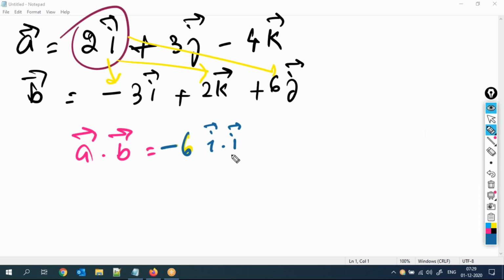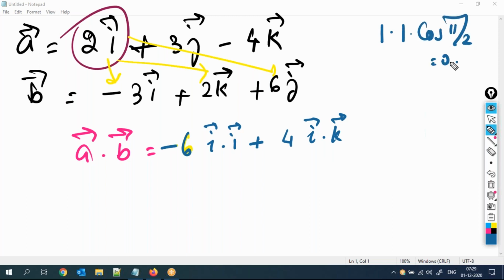Why? 1 dot 1 cos 0, right? Plus 4i times k. i times k is what? Both have value of 1, and cos pi by 2 equal to 0. So i will survive, yes or no? So it will be -6, second will be 0, third will be 0.